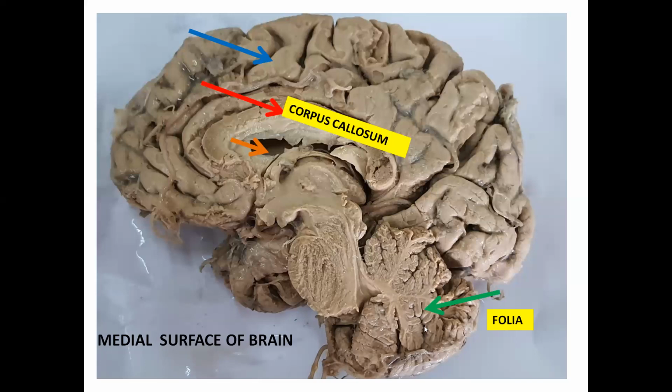What is the function of cerebellum? So it controls the posture, the muscle tone. It also coordinates motor activity. The right cerebellar hemisphere controls the right side of the body. The left cerebellar hemisphere controls the left side of the body.